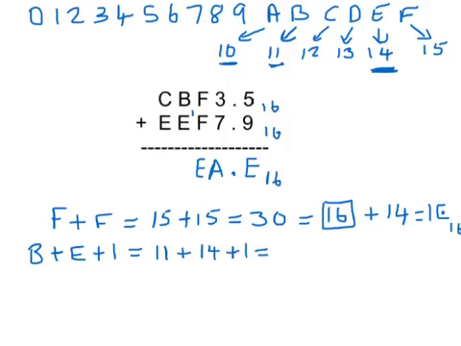If we add all these together, we'll get 26, and 26, again, in hexadecimal, it's one group of 16 plus 10. 10 is actually the symbol A, so it's equal to 1A base 16.